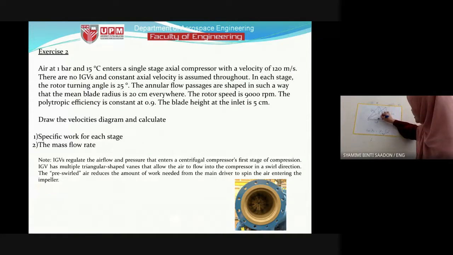This is alpha, between the absolute velocity and the vertical line, and this is beta 2. For the inlet velocity, alpha 1 is 0, and this is beta 1. So alpha 1 is 0 and CU1 is also 0, because there is no tangent component of the absolute velocity.